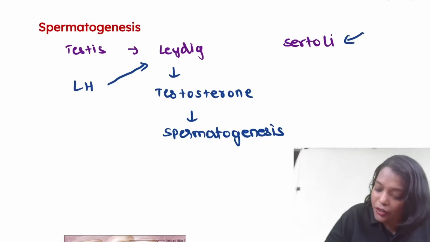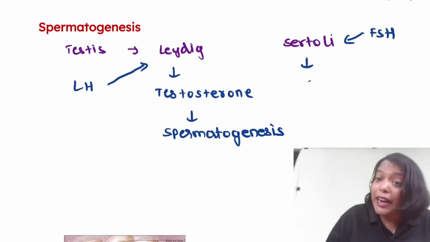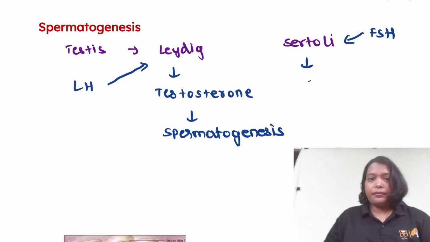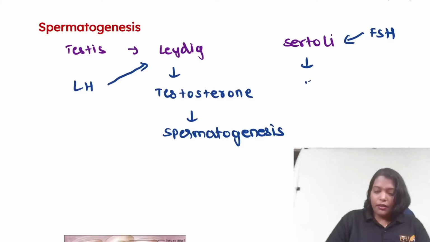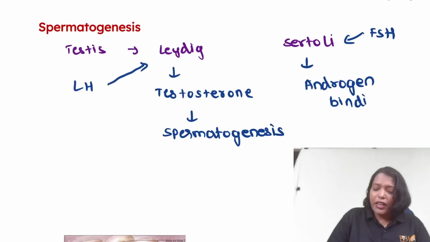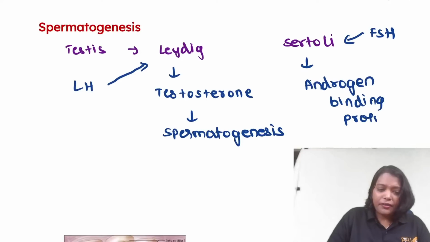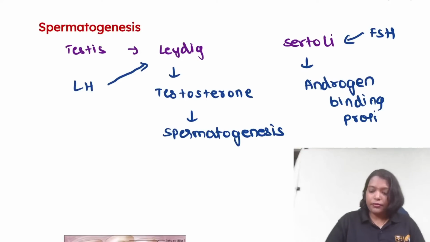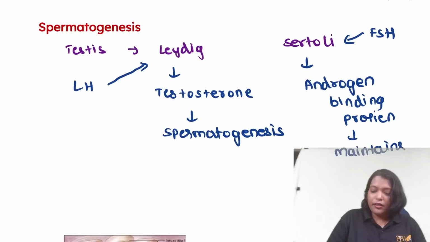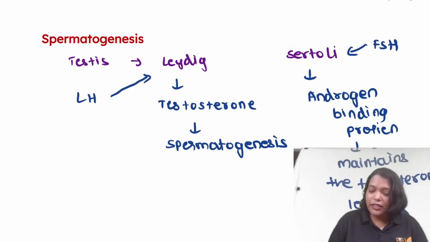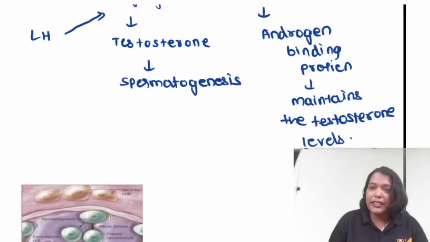Whereas FSH will act on the Sertoli cells to secrete androgen binding protein. Now this androgen binding protein only maintains the testosterone levels high. So it just tries to see that testosterone levels are maintained high inside the testis.